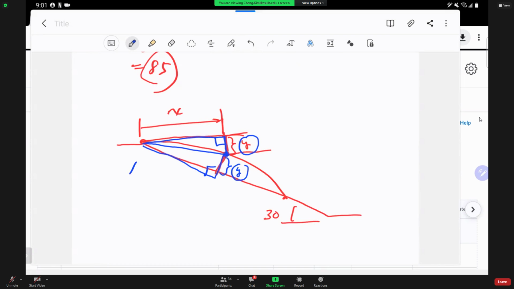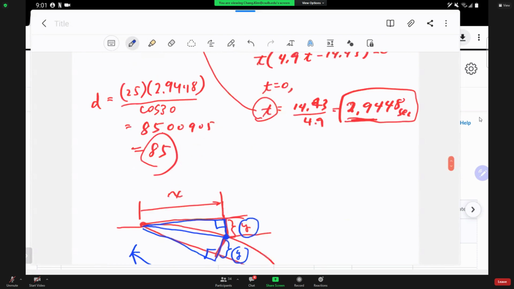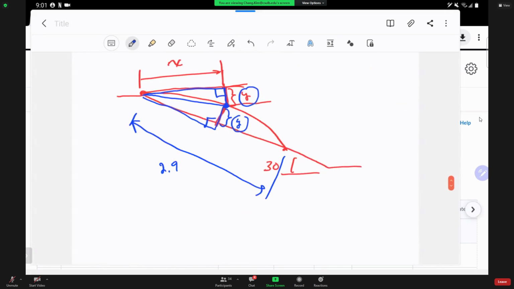If it takes 2.9448 seconds to get there, the time to get here is 2.9448 divided by 2 seconds. So that's going to be 1.4724 seconds. Why? Because it looks very symmetric to me.